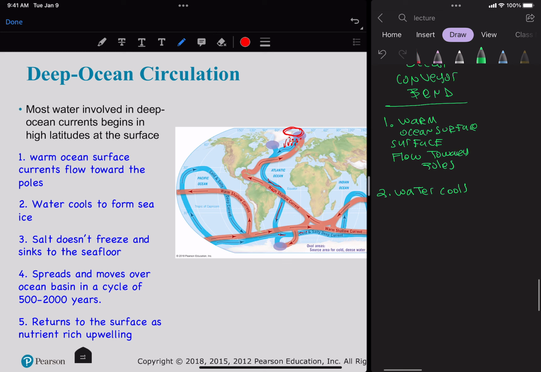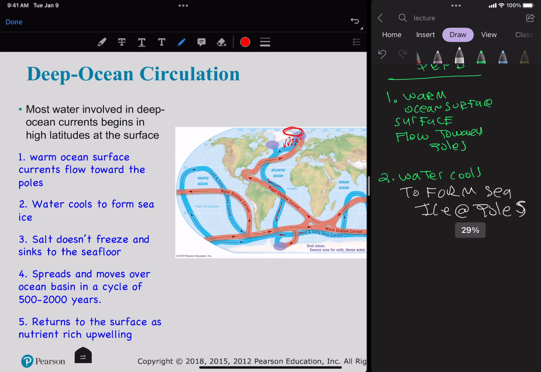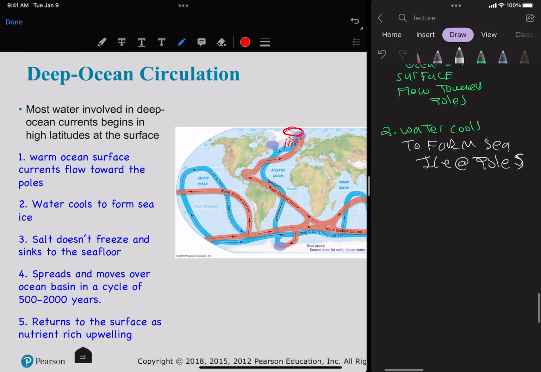So that's something else: as the water cools at the poles, it cools to form sea ice. And because there's less water with the same amount of salt, the water becomes saltier, and salty water is heavier than regular water. And so the salt is going to sink and drag water along with it.